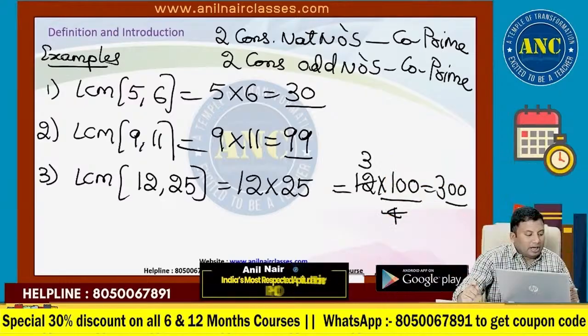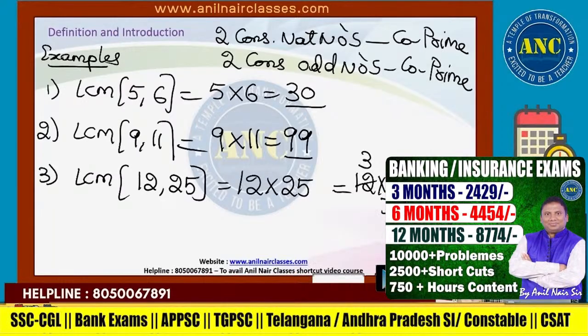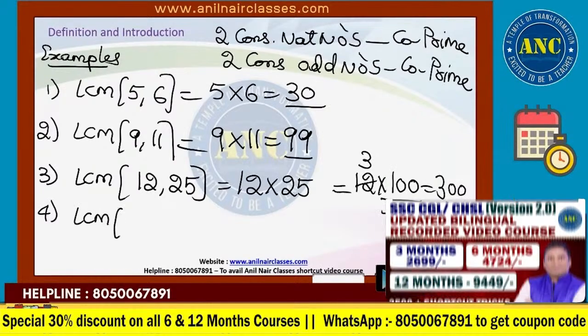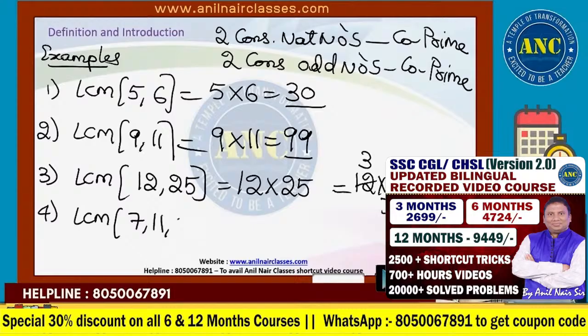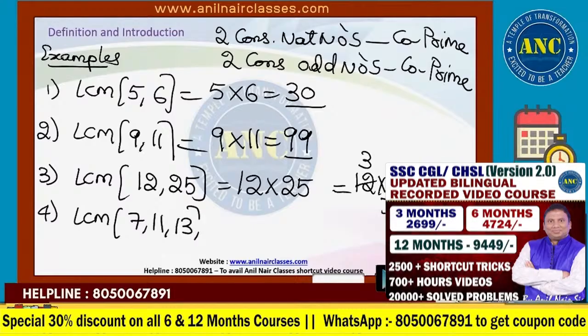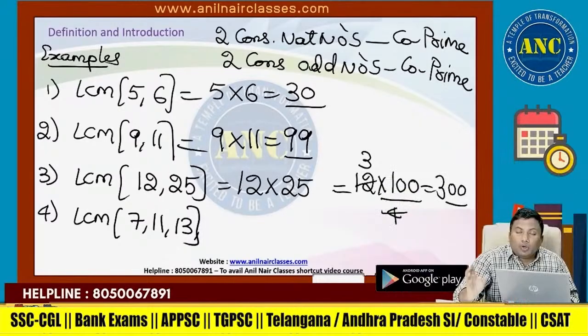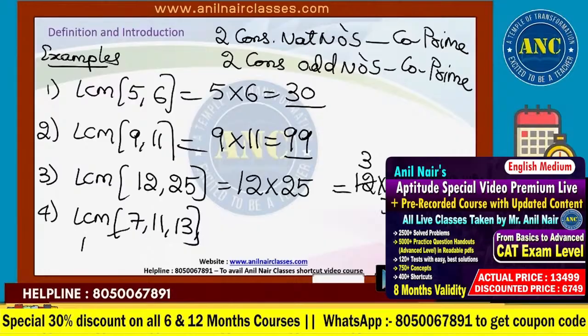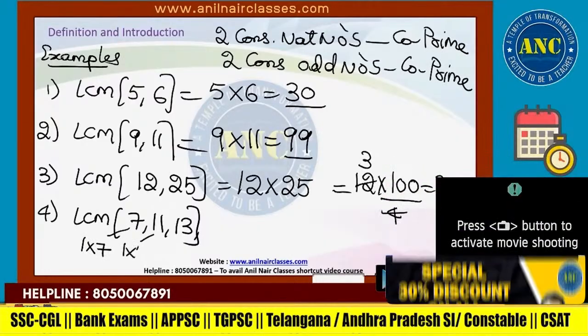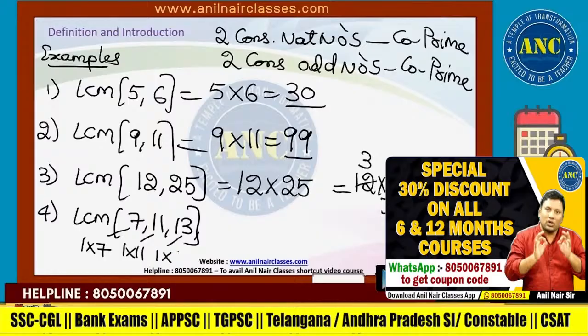Answer is 300. Right? LCM of, suppose I take 7, 11, 13, all three are prime numbers. A prime number is a number which has only two factors, that is 1 and itself. 1 into 7, 1 into 11, 1 into 13.